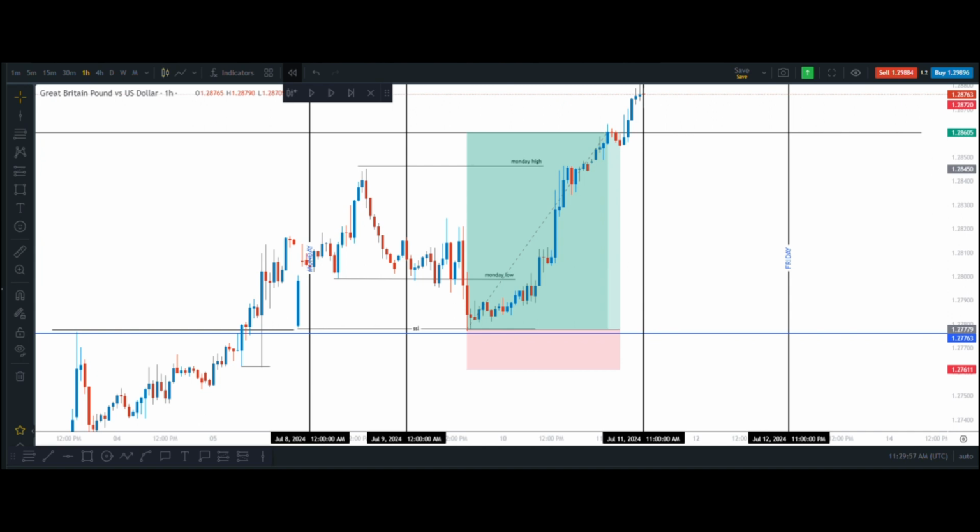Like in this case, I might be expecting that GU will sell, because a lot of people were expecting sales. Then all of a sudden, I enter my sell, then boom, GU buys. So that's exactly what I'm saying. First of all, your bias has to be correct for everything else concerning weekly range to be accurate.